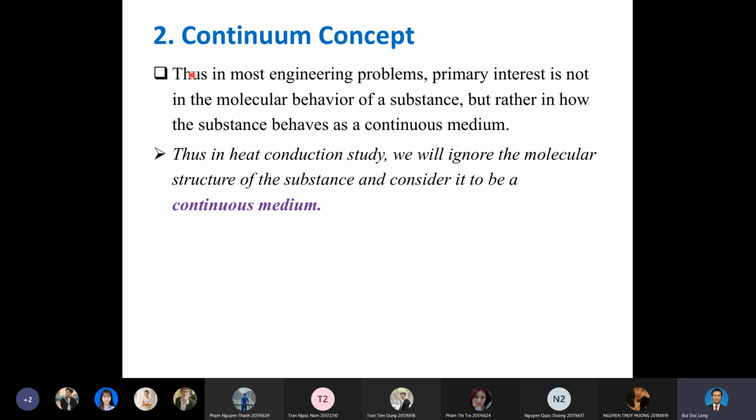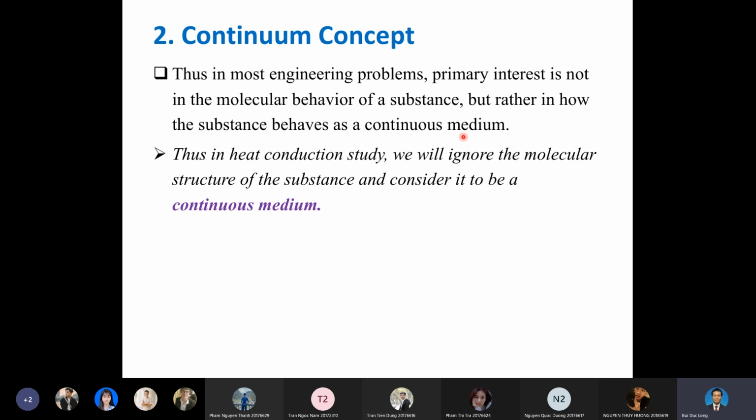The problem with engineering is that the primary interest is not in the molecular behavior of a substance, but rather in how the substance behaves as a continuum medium.